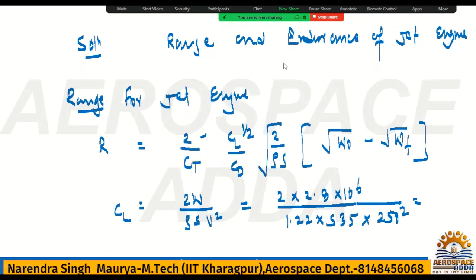Calculate CL properly. CL, na? 2 into 2.8 10 to power 6 divide by 1.22 divide by 535 divide by 250. It is 0.137. Again, this is small, but anyway, what we can do.